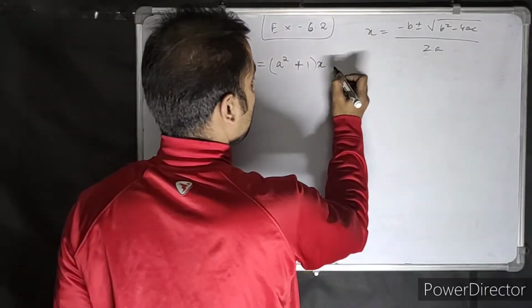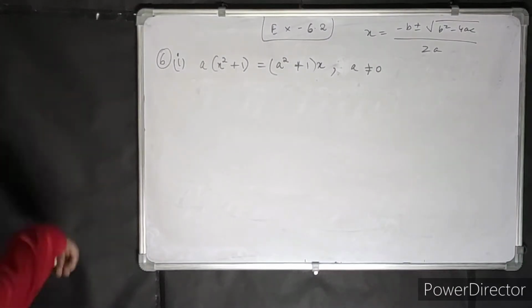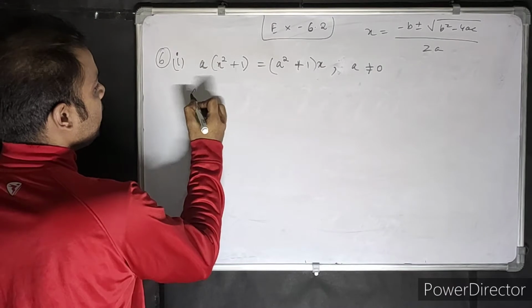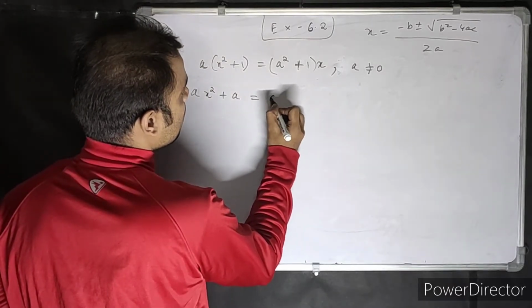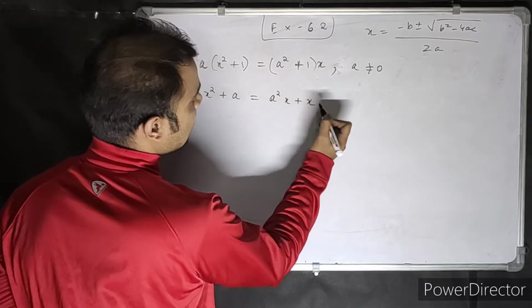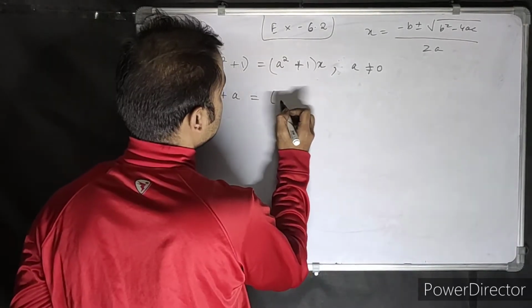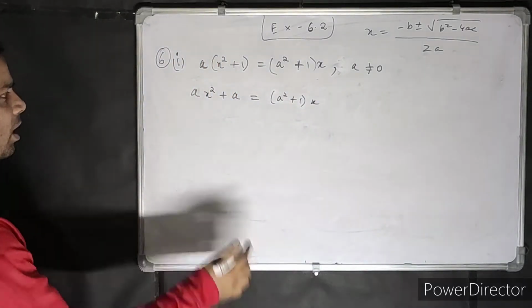Yes, comma, a is not equal to 0. It's given that a will not be equal to 0. Now you multiply: ax square plus a is equal to a square x plus x. You don't have to multiply over here, just leave it like that. A square plus 1 x. Let's leave it how it is.